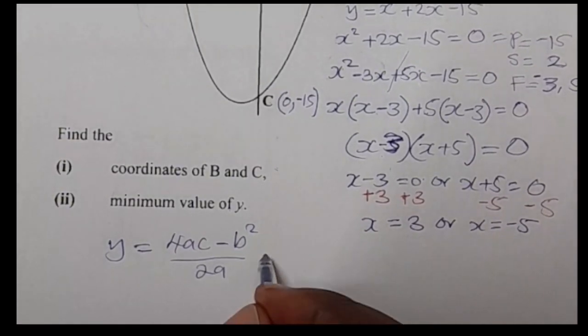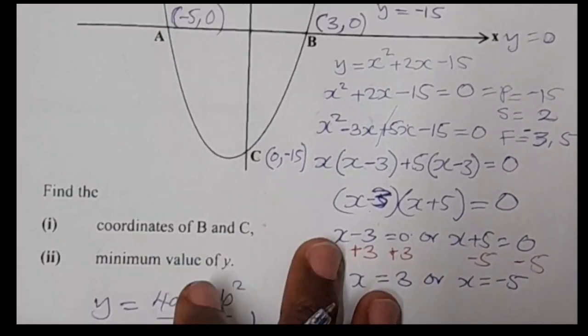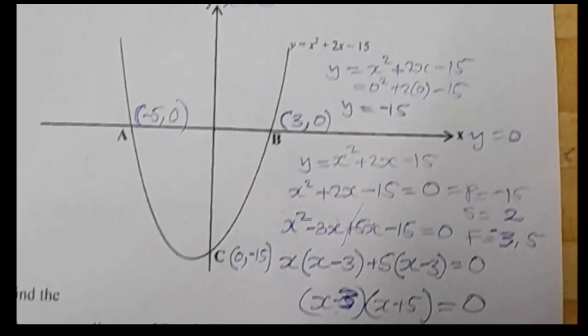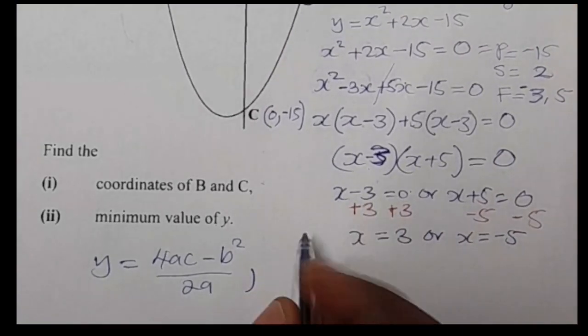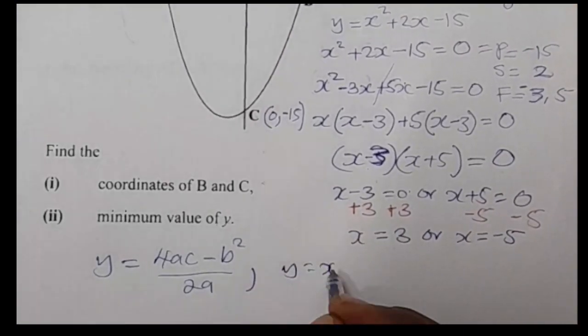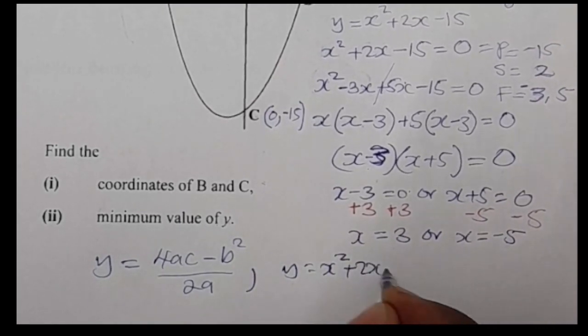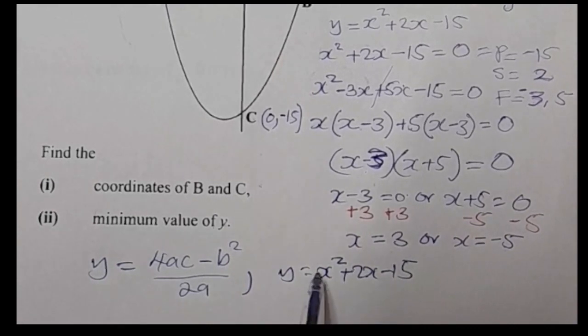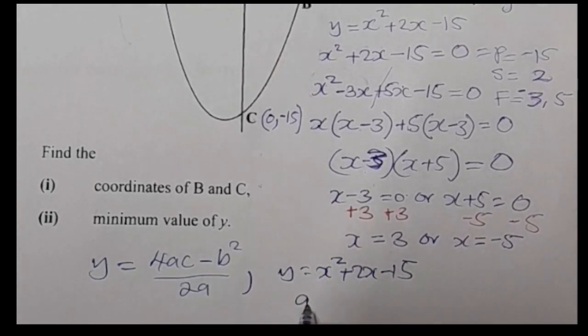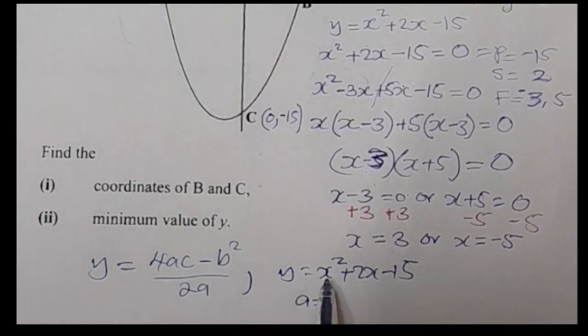Now, in the equation that you've been given, we have y is equal to x squared plus 2x minus 15. So we need to know what a is. A is the coefficient of x squared, which is 1 here.